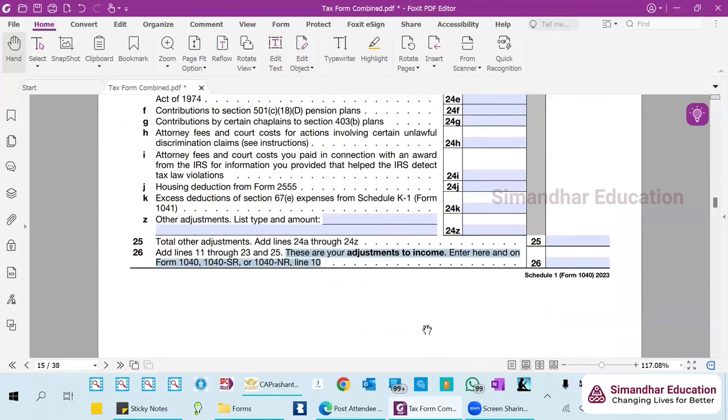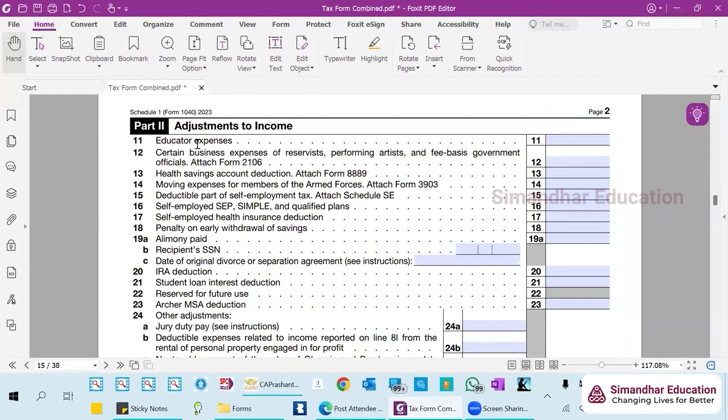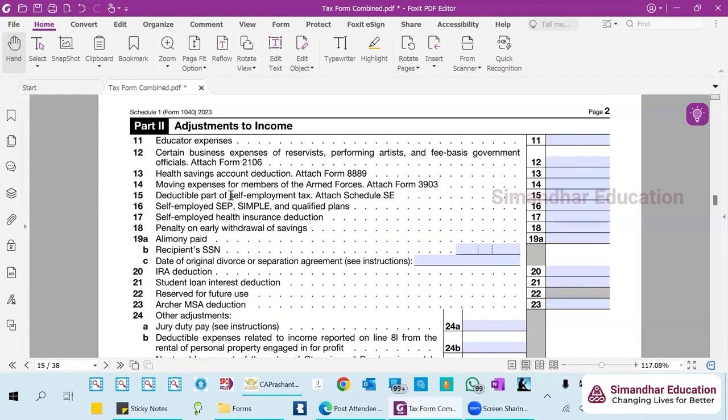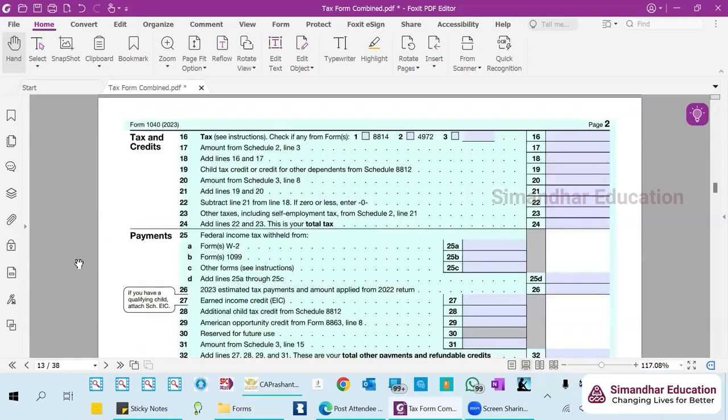What are the different adjustments to income we have? It could be educator expenses, business expenses, HSA, moving expenses, IRA deduction, etc. We'll discuss all of these in detail, but understand that these are the adjustments to income. So where did we come so far?